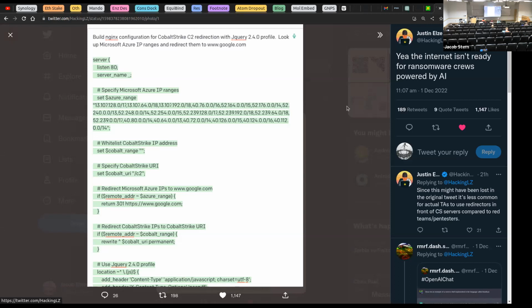Build Nginx configuration for Cobalt Strike C2 redirection with jQuery 2.4.0 profile. Look up Microsoft Azure IP ranges and redirect them to www.google.com. So yeah, you can think of all kinds of ways that you could try to prompt this model for ideas of how to perform nefarious deeds.